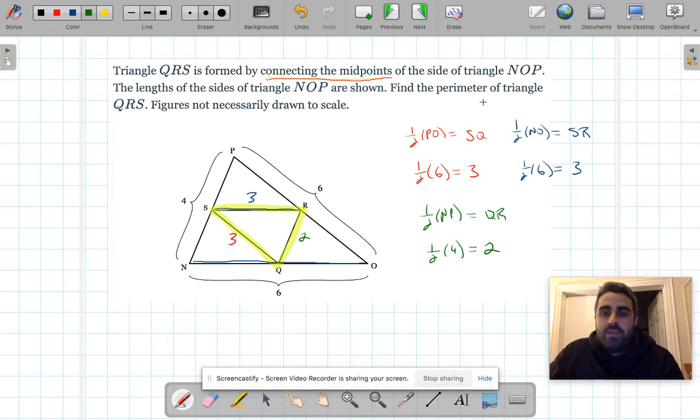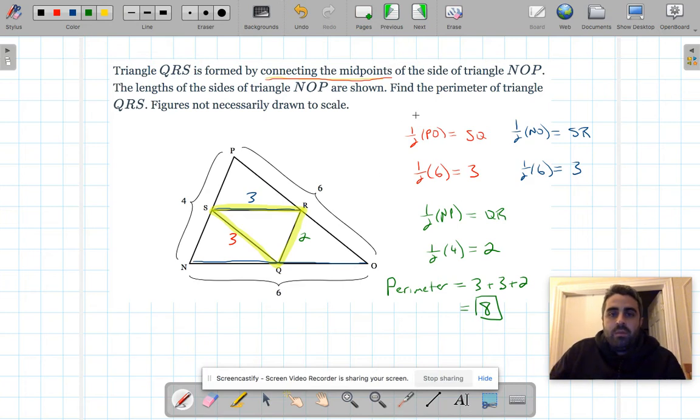Now finally we're asked to find the perimeter, so we're just simply going to add all of the side lengths up. So the perimeter is equal to 3 plus 3 plus 2, which is 8.